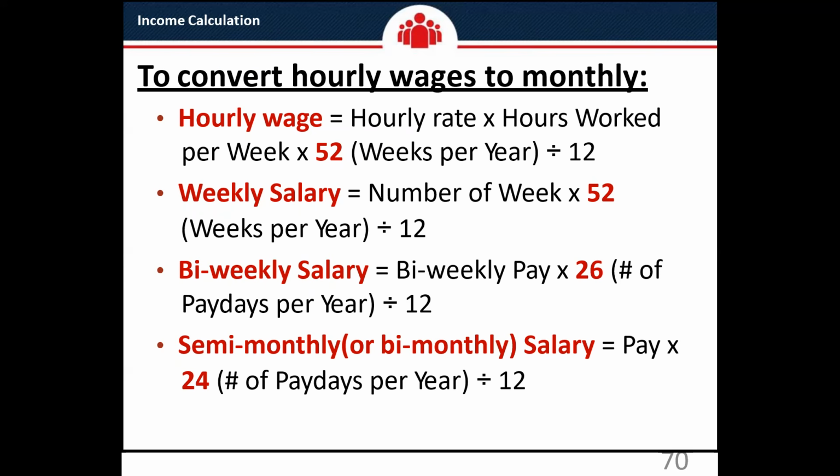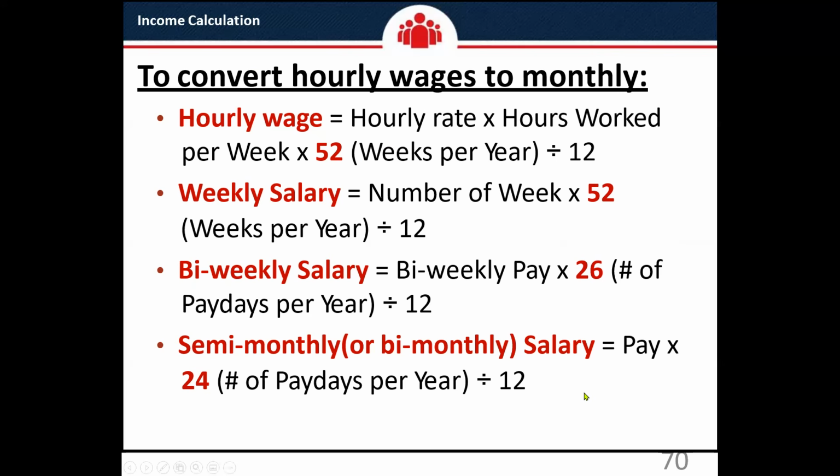Weekly salary is the weekly pay times 52 weeks a year divided by 12. Biweekly salary is the biweekly pay times 26, the number of pay days per year, divided by 12. And that's the one I was trying to think of earlier. The semi-monthly or bi-monthly salary is the pay times 24, the number of pay days per year, divided by 12.